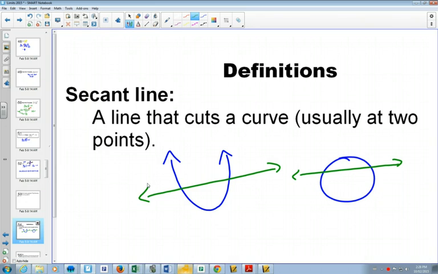Depending on the graph you have, it might be that you have a cubic and a line that cuts through at 3 points. But the idea is that it's cutting through a curve rather than just touching the curve.